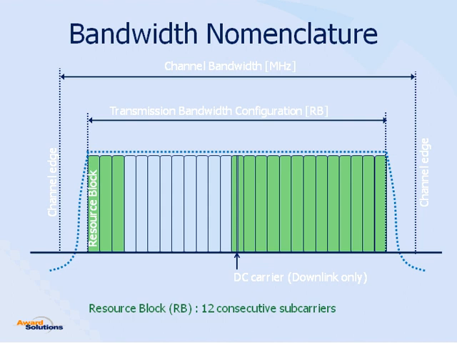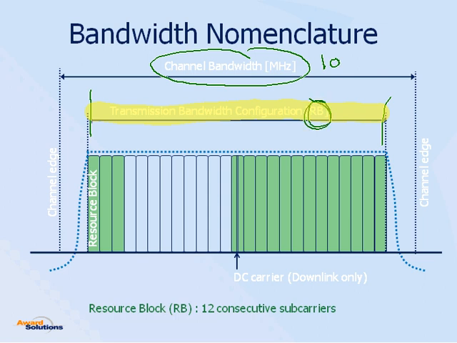Let's say I have 10 megahertz bandwidth. Within that 10 megahertz channel bandwidth, we would transmit our subcarriers in specific portions. The maximum portion that we will use for actual subcarrier transmission is the so-called transmission bandwidth, and that transmission bandwidth is quantified in terms of the number of resource blocks.